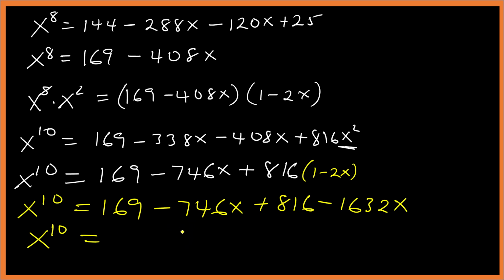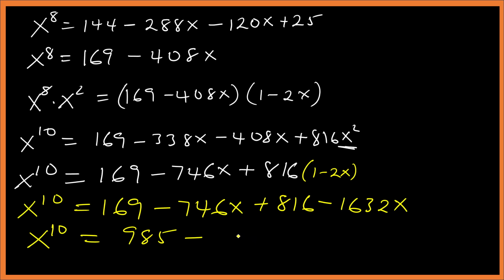So we have 169 plus 816, that will be 985. So minus, so this and that: 1632 plus 746, they are negative, so let me put them together.